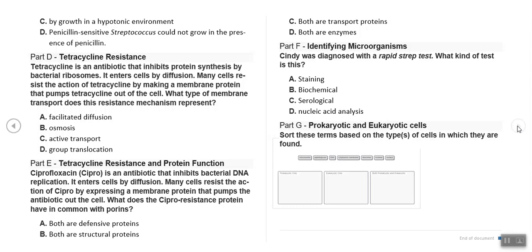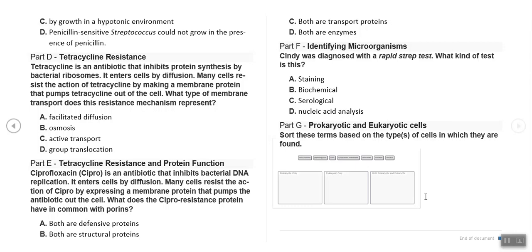You remember, if you're going to be moving things from low concentrations to high concentrations, that's going against its concentration gradient, and we had to use energy for that to take place. Of the two classes of transport that we've talked about, the one that requires energy to move things against their concentration gradient was active transport. So we want letter C, active transport.